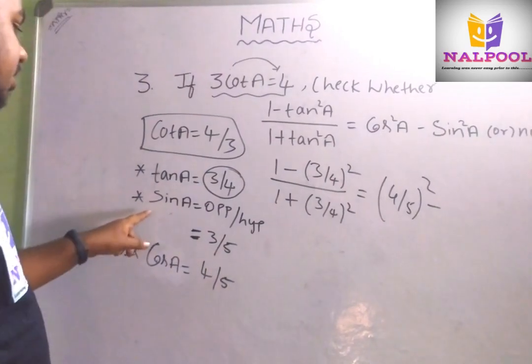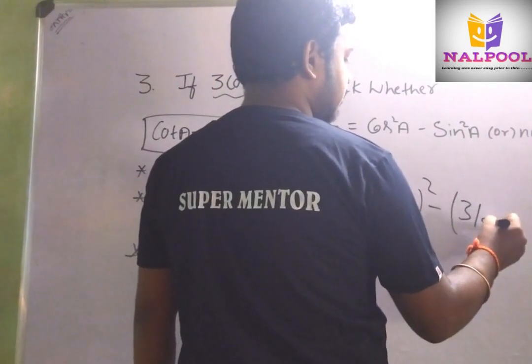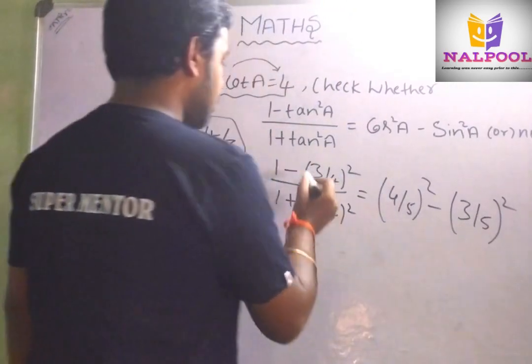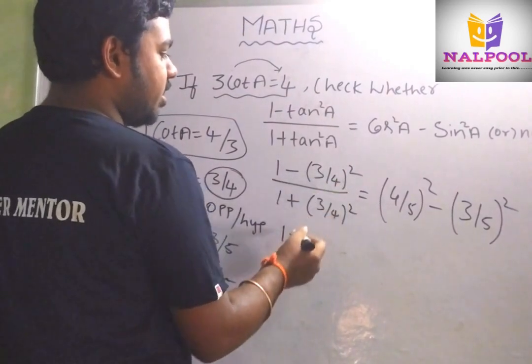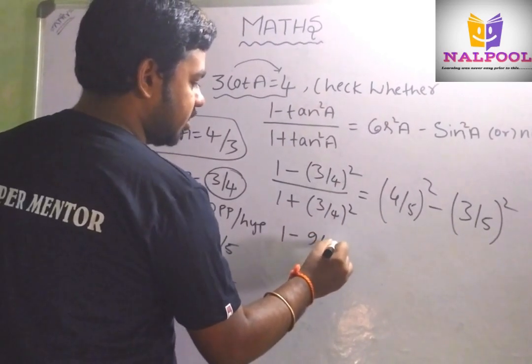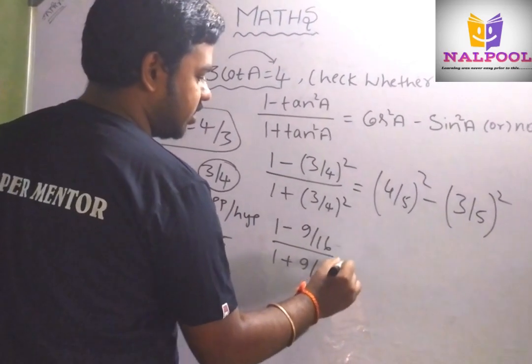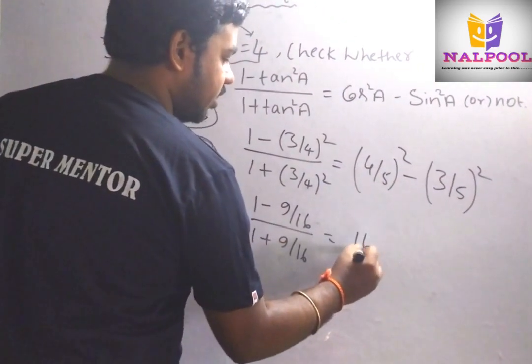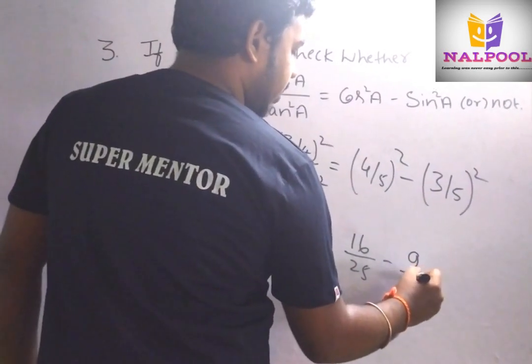Minus sin square A is how much? 3 by 5 whole square. 3 square is 9. 1 minus 9 by 16 divided by 1 plus 9 by 16. Here, 16 by 25 minus 9 by 25.